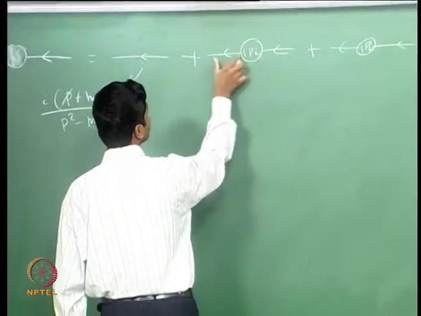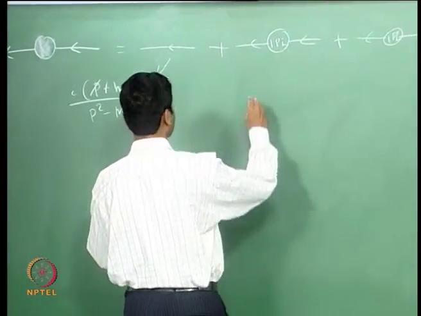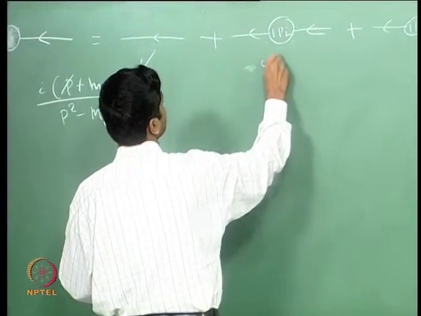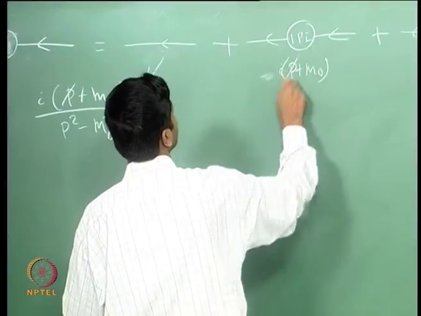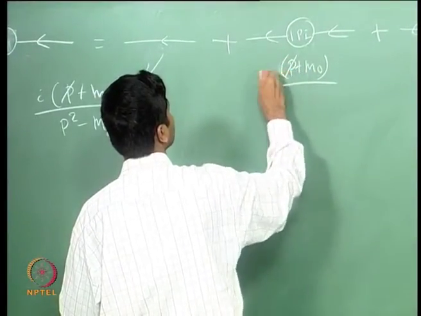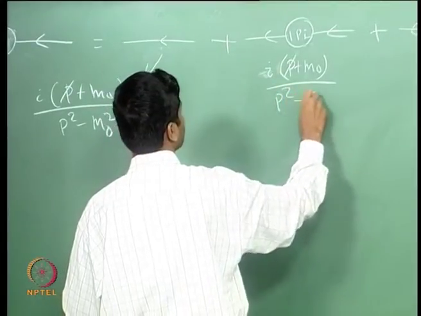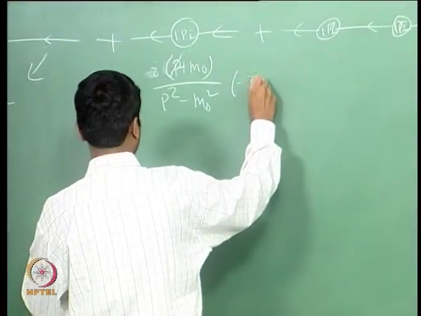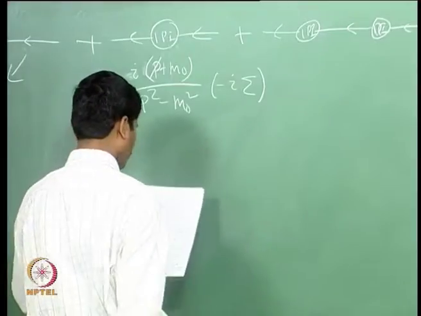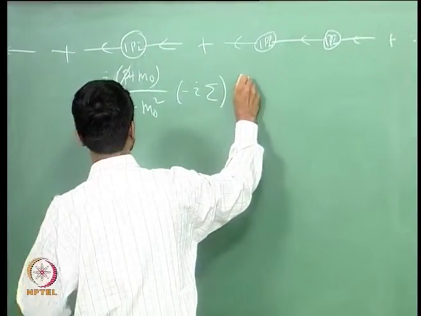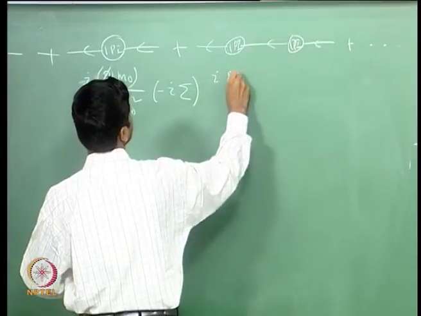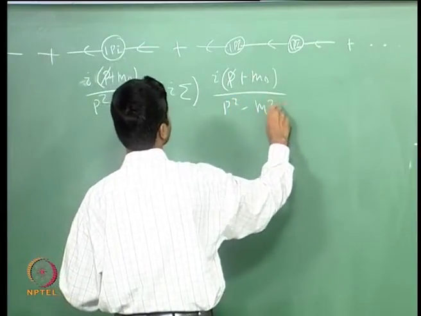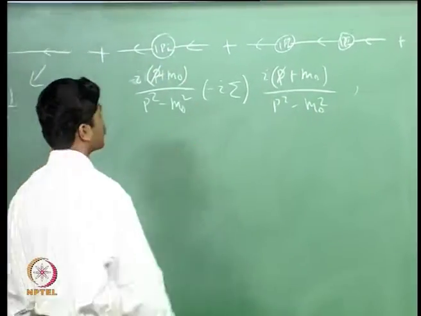So, if I include these two propagators also, what I have is for this propagator here i (p slash plus m0) divided by (p square minus m0 square), and then this one I am denoting to be minus i sigma, and again here i (p slash plus m0) divided by (p square minus m0 square), and so on. So, this is the contribution from this term.